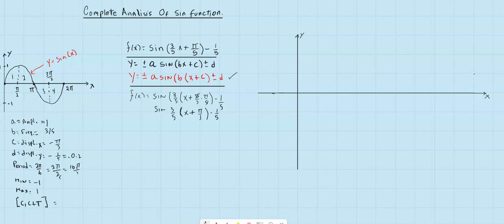So now what we want to do is find where the graph starts and where it ends. It starts at negative pi over 3.